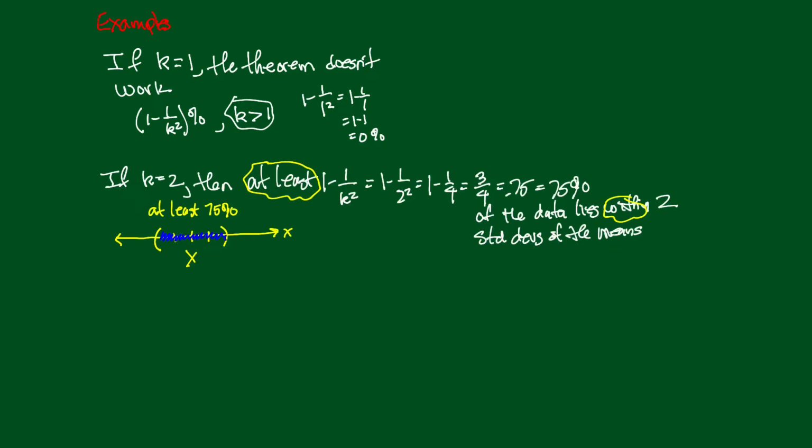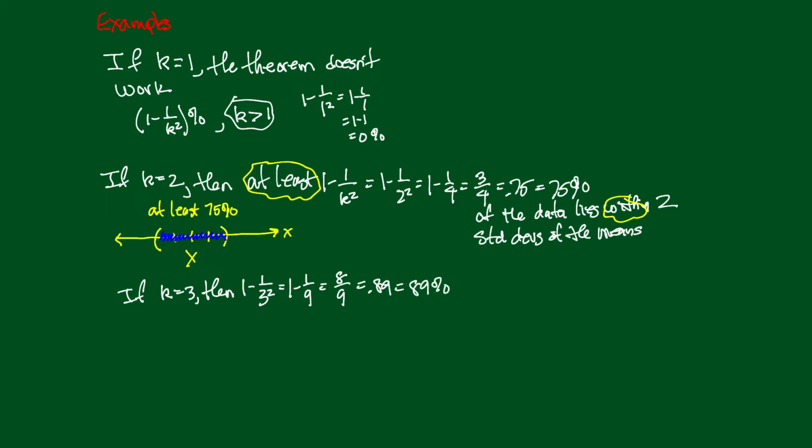K has to be greater than 1 for this theorem to apply. So now, what happens if k is equal to 3? We'll do a couple of these. If k equals 3, then 1 minus 1 over 3 squared, 1 minus 1 over 9. Now 1 minus 1/9 is 8/9. And I've seen this one before, so I know that that's 0.89, and that's 89%.